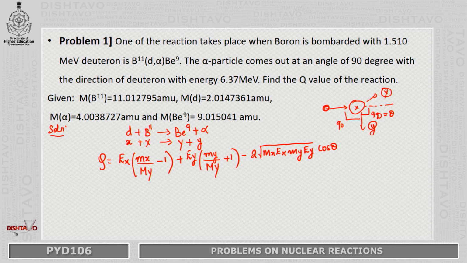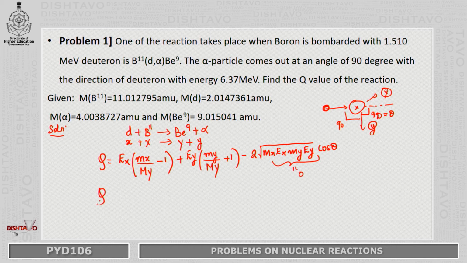The incident energy of the particle, mass of the incident particle, mass of the product nuclei, energy of the product particle, and the mass of the product particle are already given to us. So by substituting, this term is going to 0 because of cos 90.